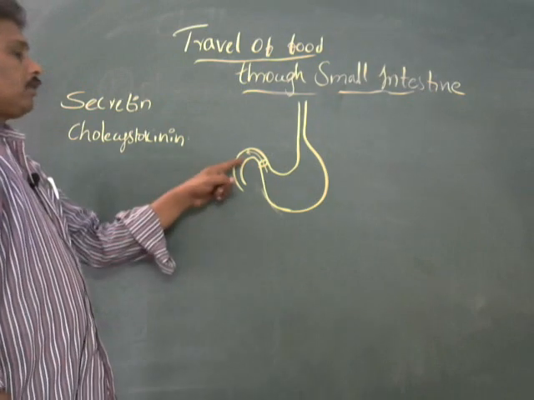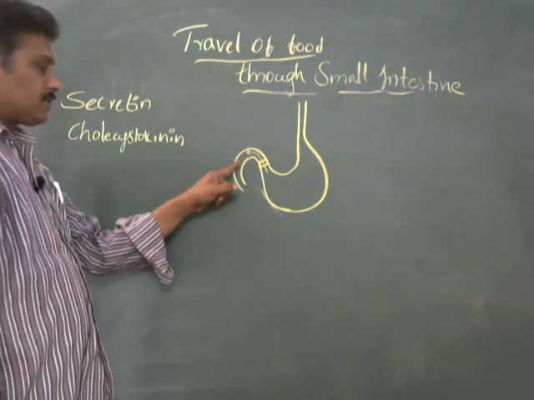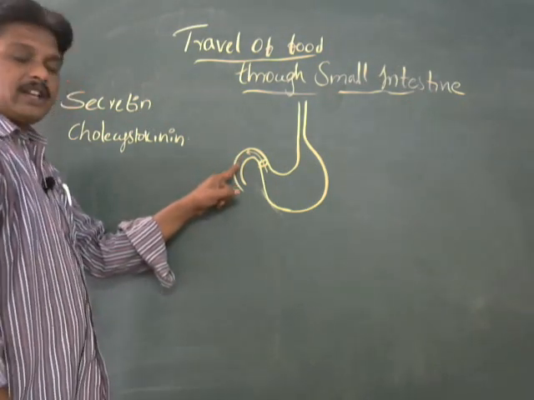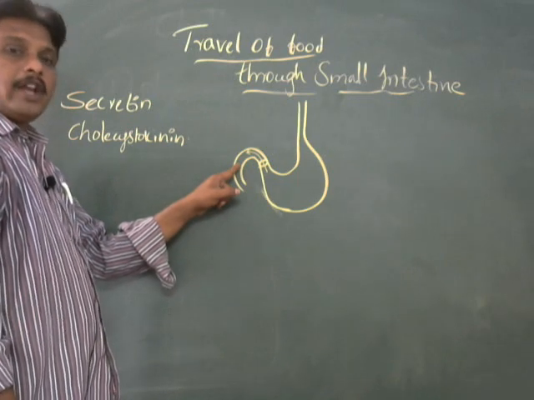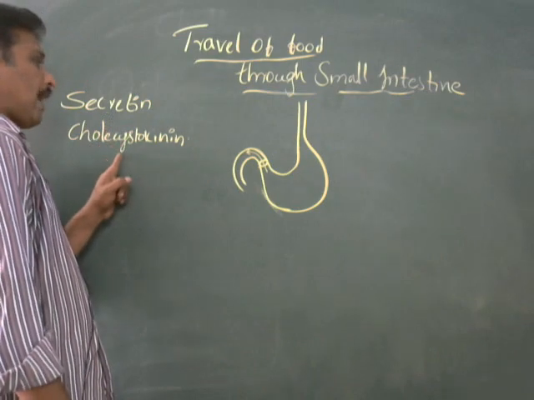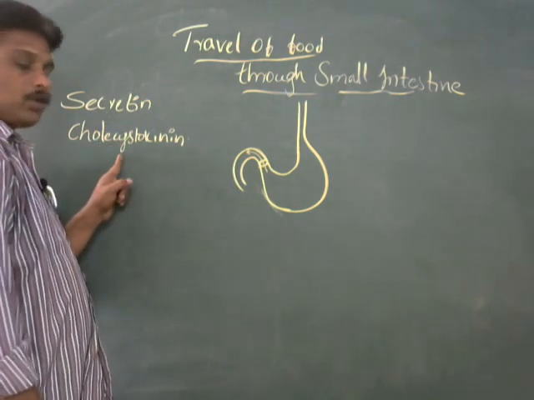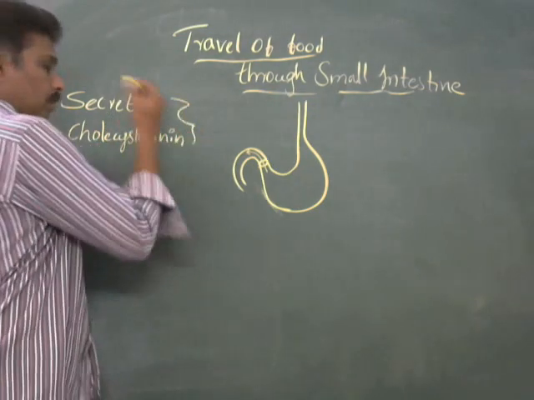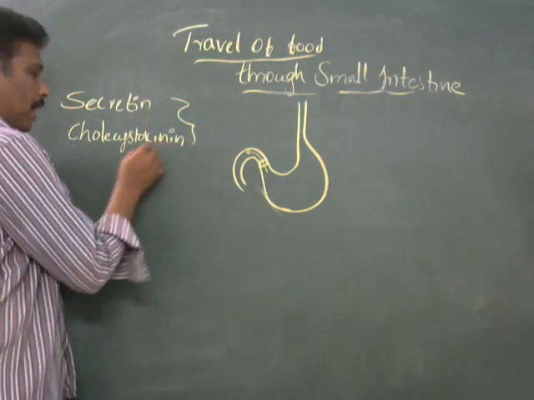The acidic nature of the chyme initiates the production of these two hormones.